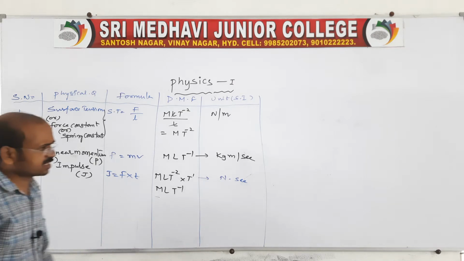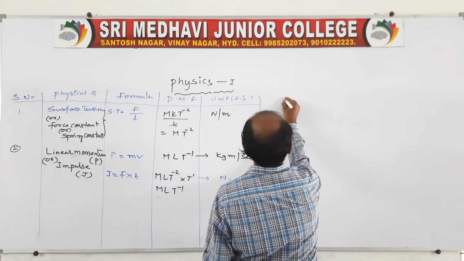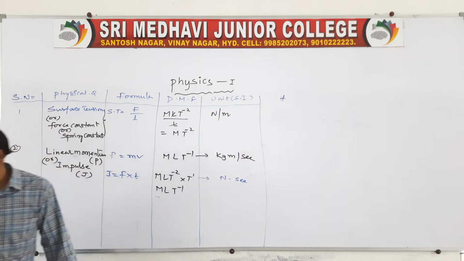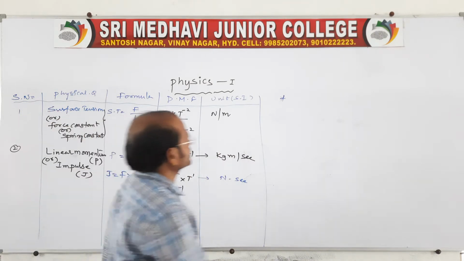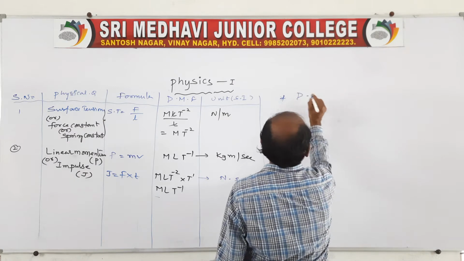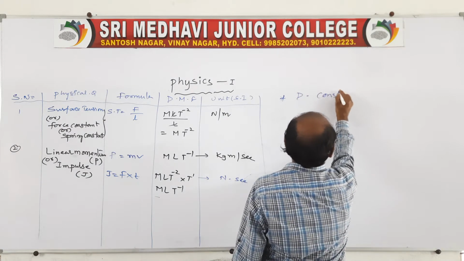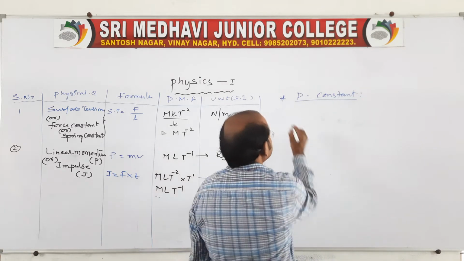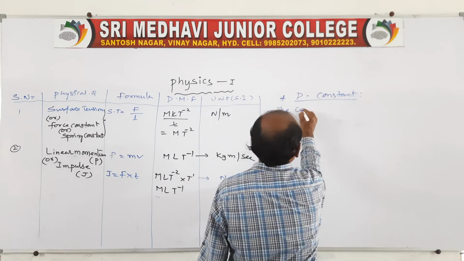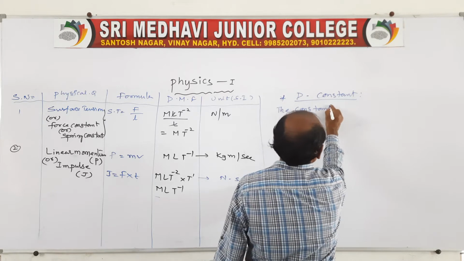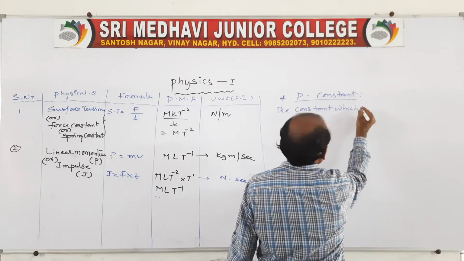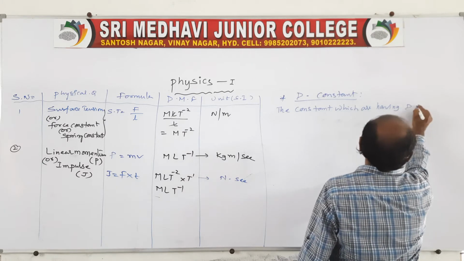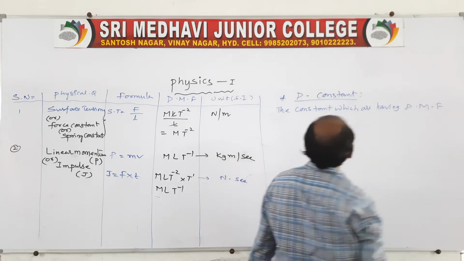Now I am giving other dimensional formulas. Just now I told you dimensional constant, so for that I am giving one example. Dimensional constant is nothing but the constant which has a dimension.